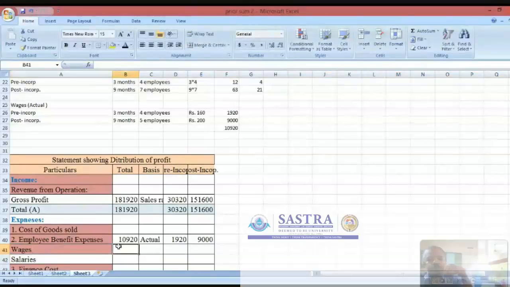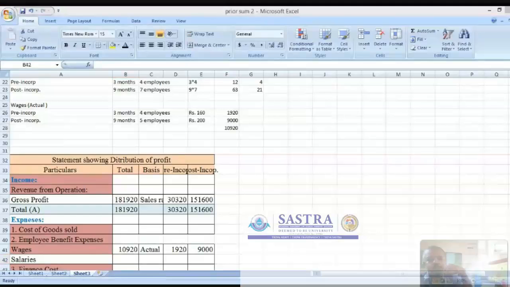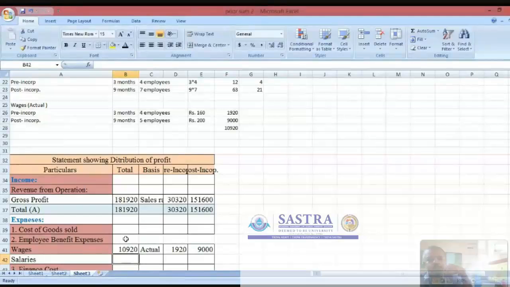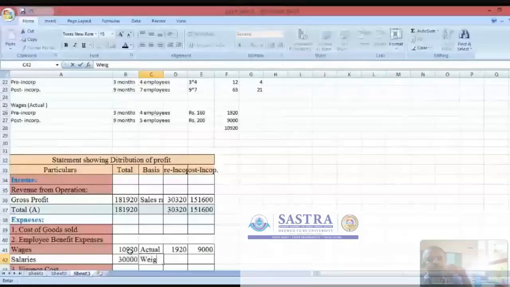Wages. Suppose here salaries. Salary total amount 30,000. Weighted time ratio.